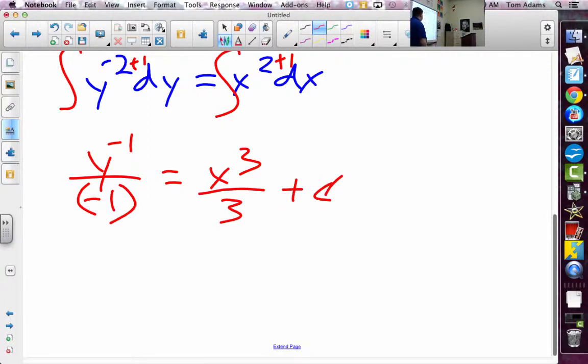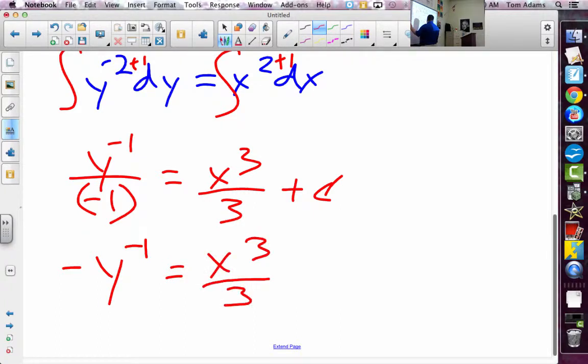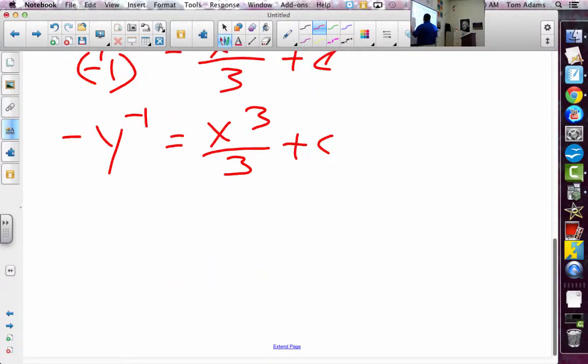I could put plus c on both sides, but when I move them around algebraically, we're going to have a c on this side usually. So I just tack on 1 plus c on the right-hand side. At this point, I've got negative y to the negative 1 is equal to x cubed over 3 plus some constant c. Okay?